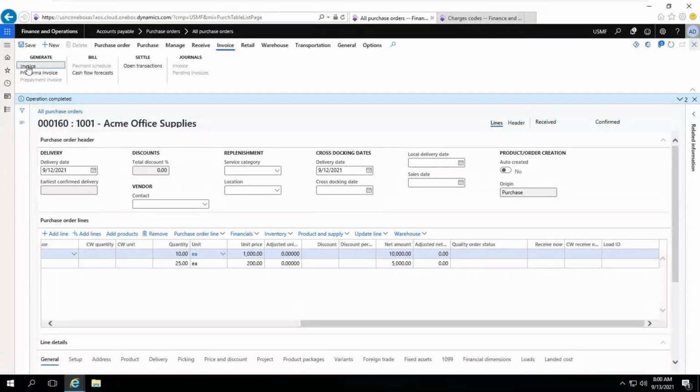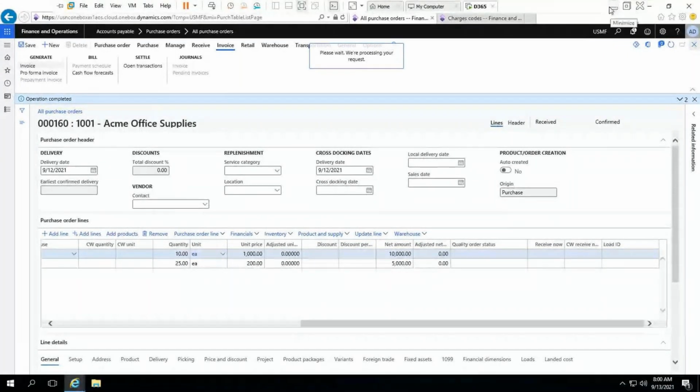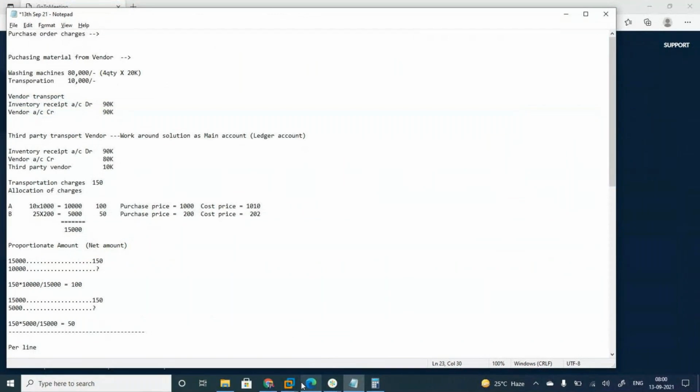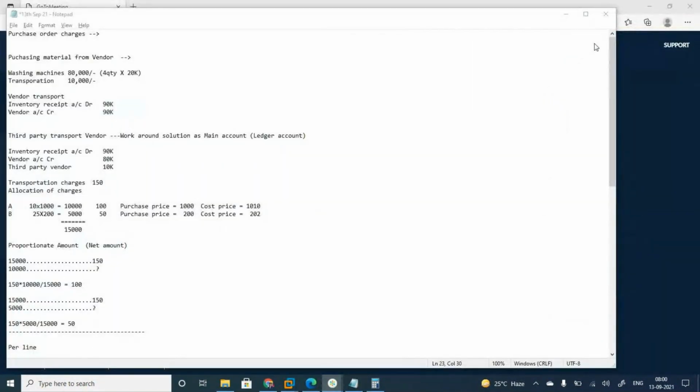You need to enter the invoice number, update match status. So we are doing invoice copy.